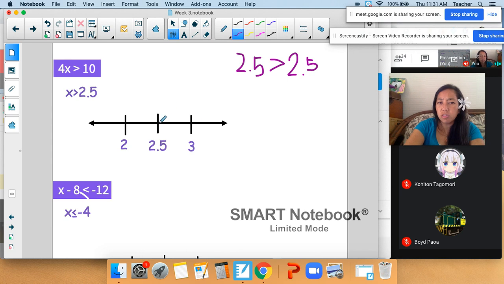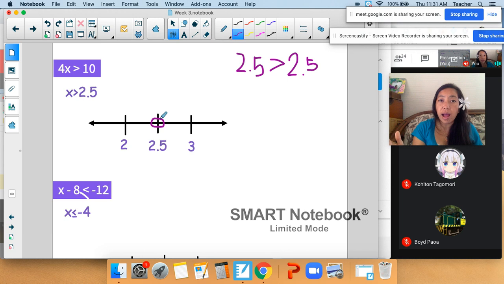But so is 2.500001, right? All the way right here. It's kind of hard to see. Anything a little bit after 2.5 will be a solution, but not 2.5. So the way we graph that is we draw an open circle. Typically when we graph, if we put a point in a spot, that means that is a solution.